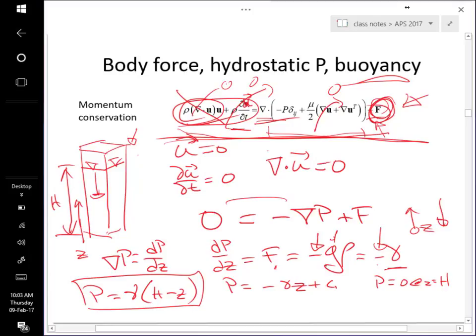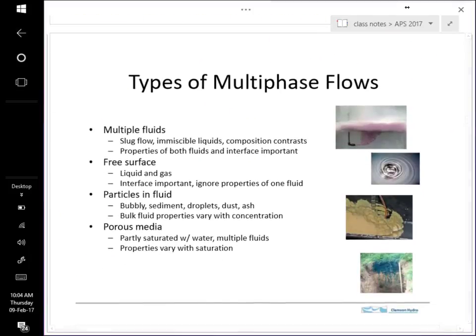Here, this is doing it in the minus z direction, but we can change that. We can have it go in plus z, or we can have other components. Okay, and so if you want to take a body and lay it over on its side, rather than physically moving it in the simulation, you just change the direction of gravity. It's a lot simpler. Okay, so that's how we'll include gravity and buoyancy as a body force.